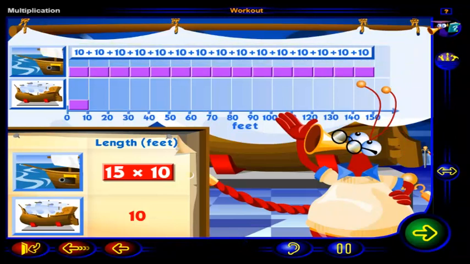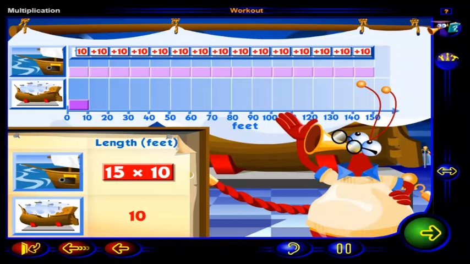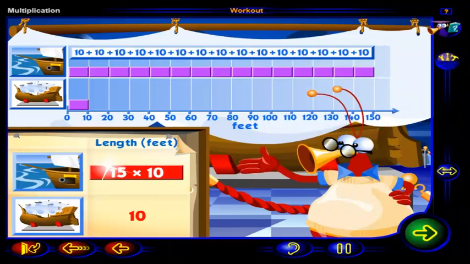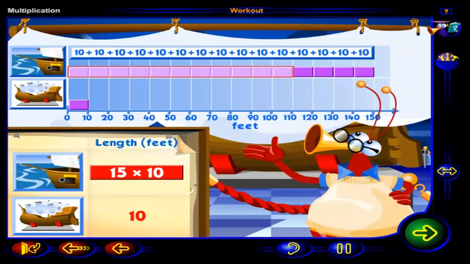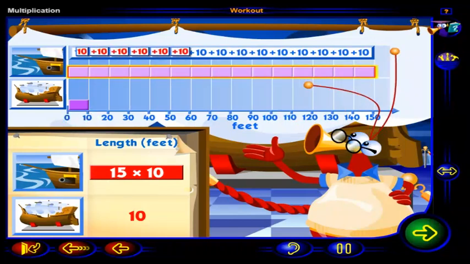This addition shows 15 tens. 15 times 10 is 15 groups of 10, or the sum of 15 tens.